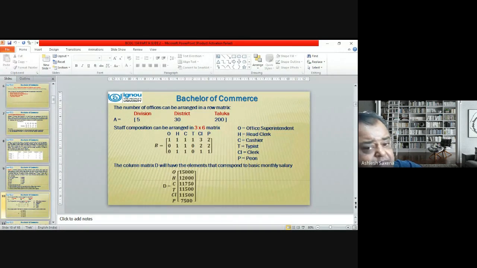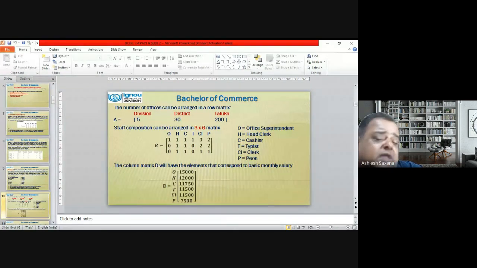This was for your division office. For the district office, we have 0, 1, 1, 0, 2, and for our taluka office, we have 0, 1, 1, 0, 1, 1. This information has been provided to us in the problem.